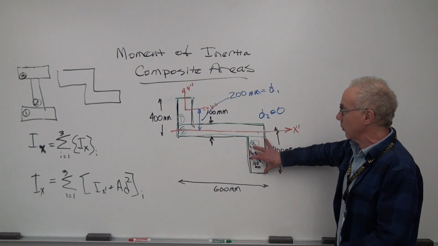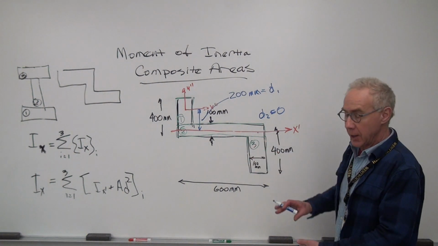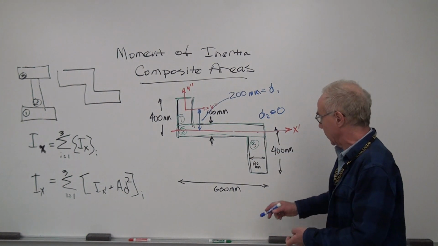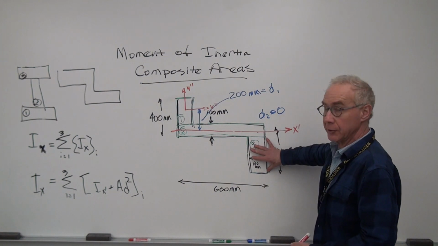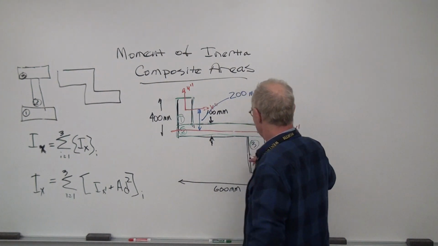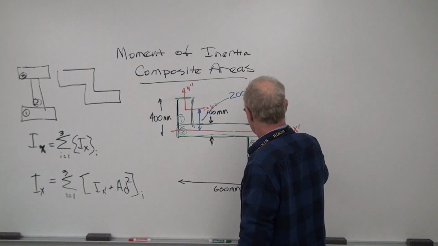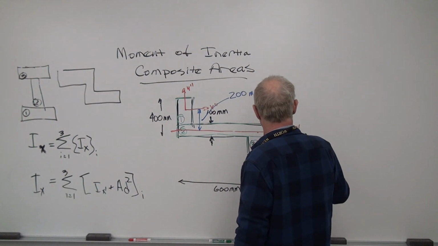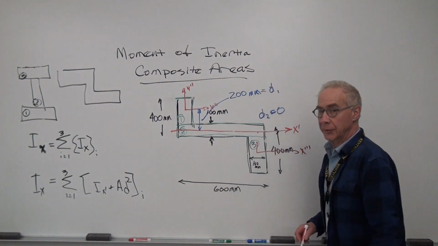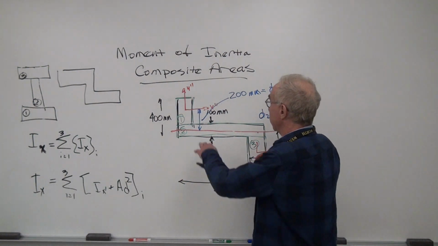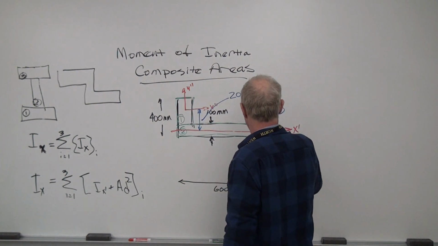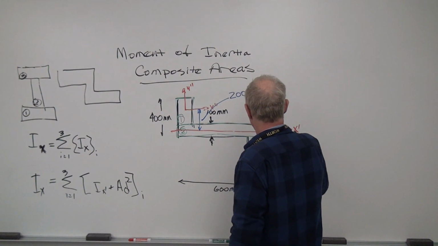And the d3 value we're going to measure relative to this point, but we have to define where our x prime prime axis is down here. And it'll go through this centroid, or the centroid of this number 3 rectangle. And it'll look something like this. And I'll put 3 primes, to distinguish it from that axis. This is y prime prime prime.